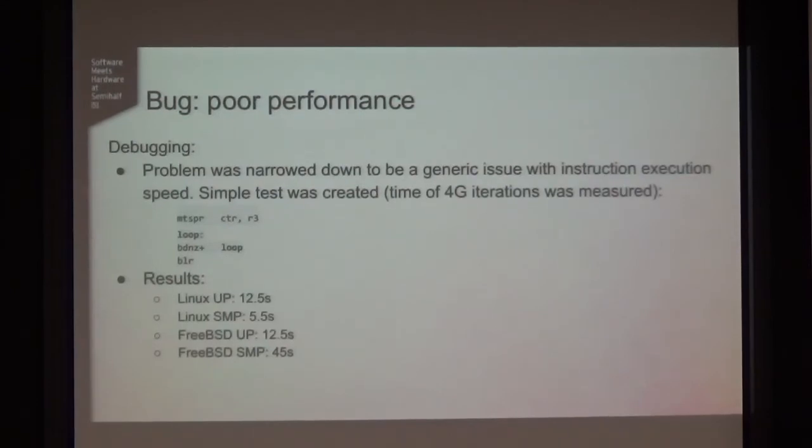We created a loop in assembly which was literally doing nothing, but we measured how much time it takes to execute 4 billion iterations. And it showed up that there is a difference. Comparing Linux with FreeBSD, it seemed that on FreeBSD, after we enabled SMP, we have some trouble with the speed of instruction execution.